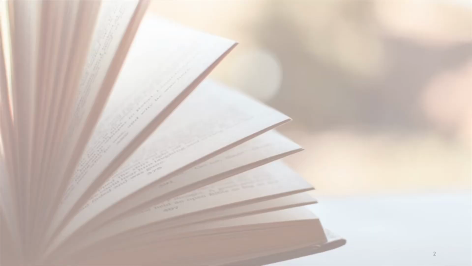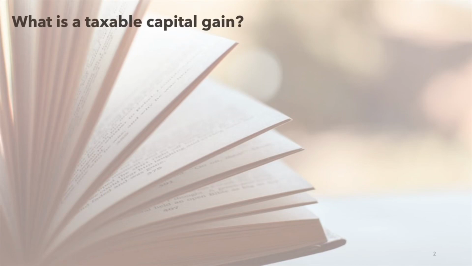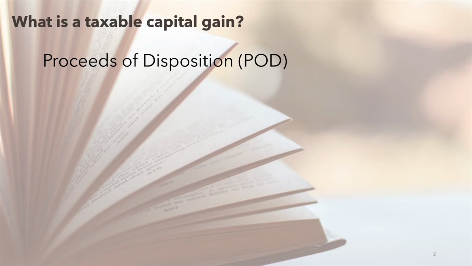Now, in case you don't remember what a taxable capital gain or allowable capital loss is, let's do a quick review. So you might be asking yourself, what is a taxable capital gain anyway? Proceeds of disposition, or POD, refers to how much is received for the sale of some item, specifically a capital item.